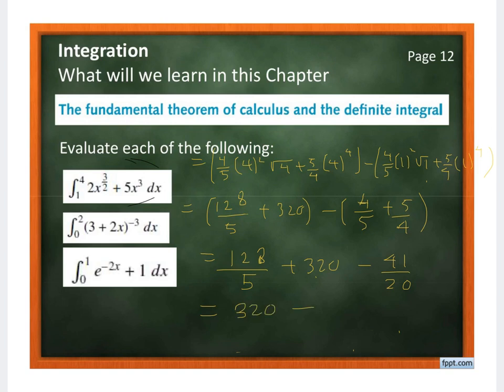320 plus this one, 20, make the denominator the same, 20, 220 plus 171/20.